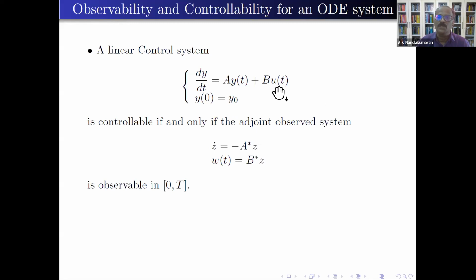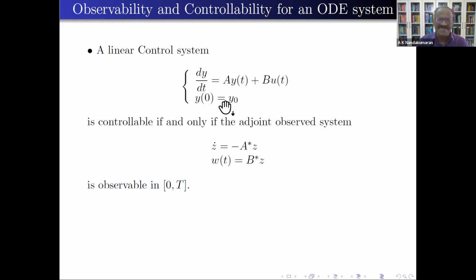If you can choose such a U, then you call this system controllable. In finite dimensions, this controllability can be given in terms of the Kalman condition, which is based on the rank of a certain matrix. Definitely that's not suitable for our PDE analysis.